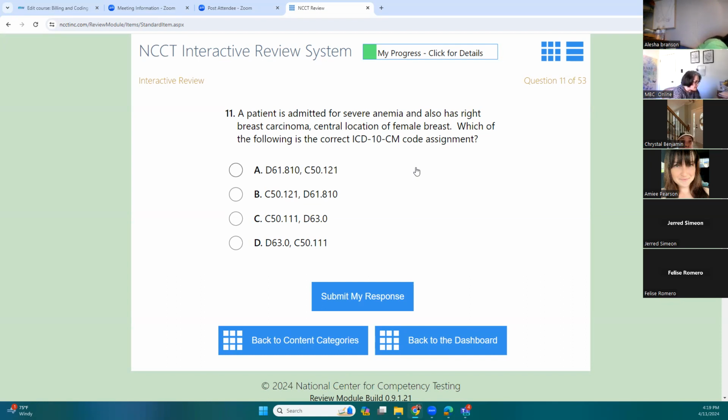Ooh, y'all be careful whether it says female or male breast, okay?